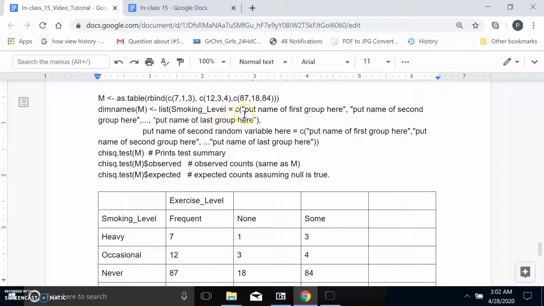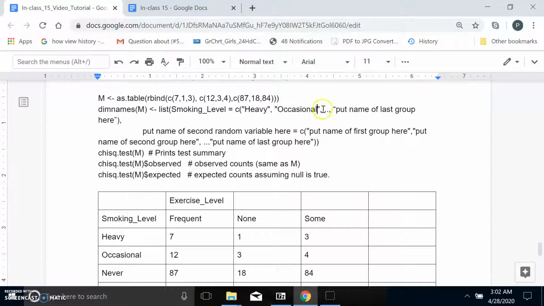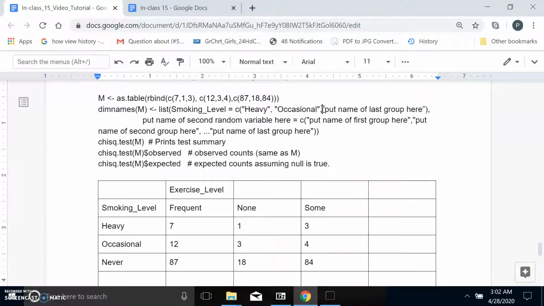So first group is heavy smokers. Next group is occasional. And the last group is non-smokers. So never.